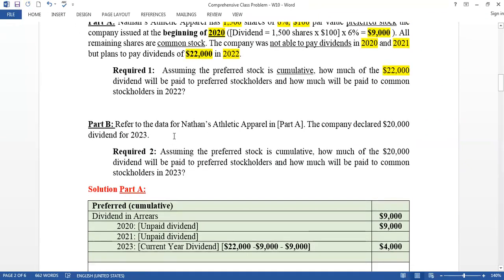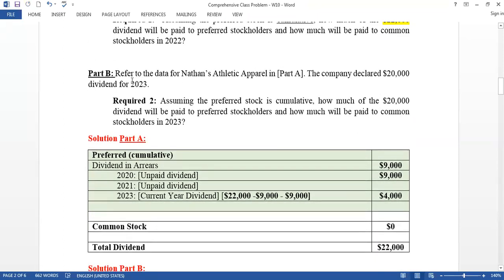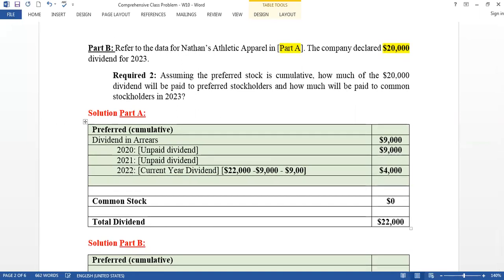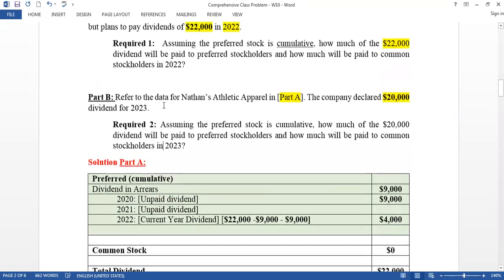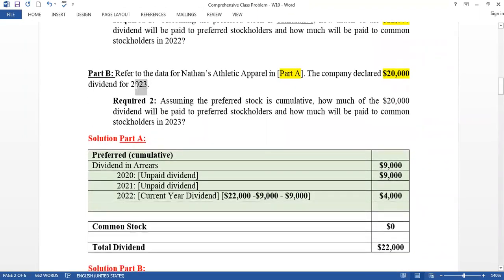So what is the problem about part B? Refer to the data for Nathan's Athletic Apparels in part A. That means you have to consider data from part A. After considering this, the company declared $20,000 dividend. Here, it is not 2022, it is 2023, because part B is about 2023.